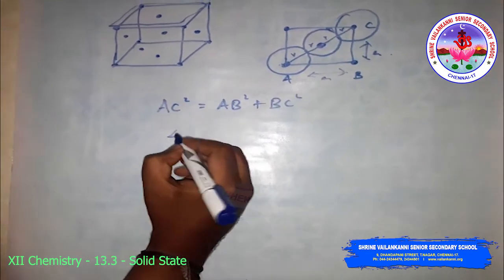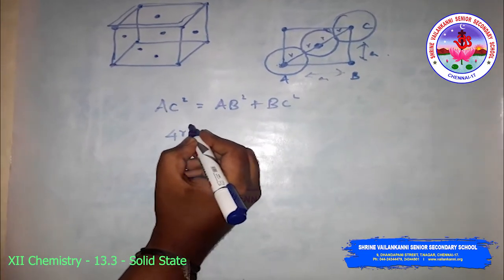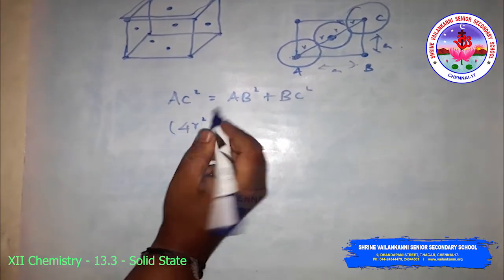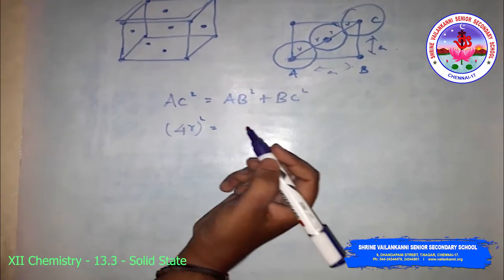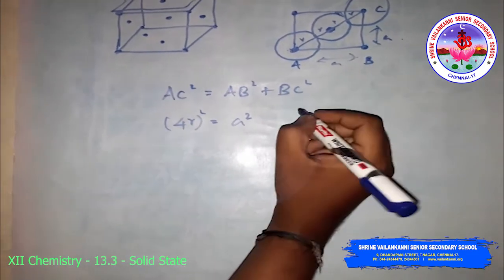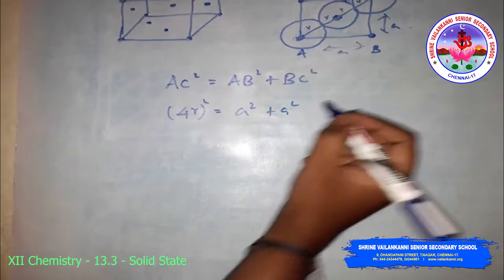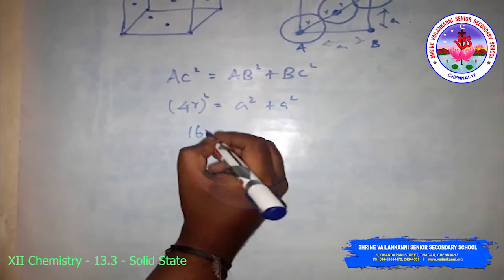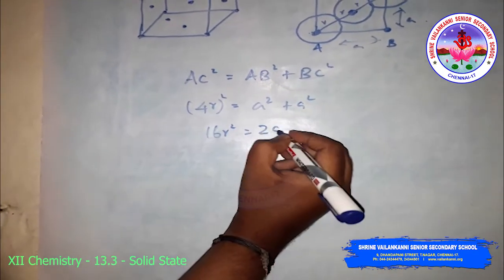So AC square is 4R whole square. Then AB is A square. BC is A square. So here 16R square is equal to 2A square.